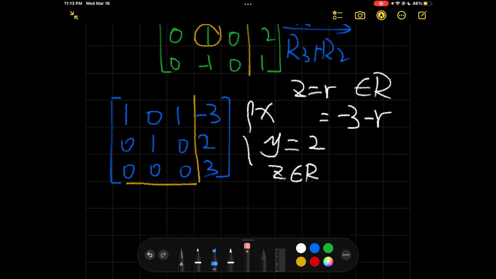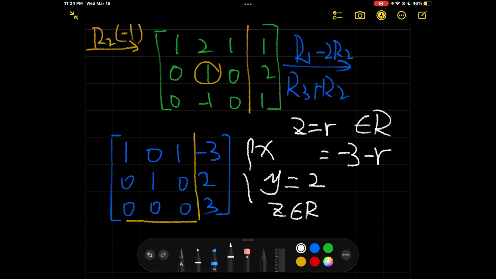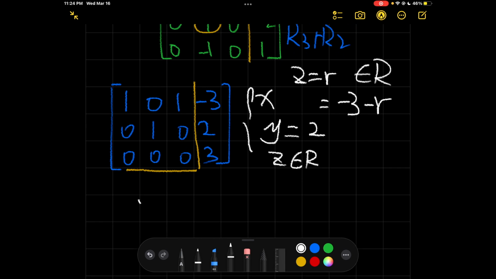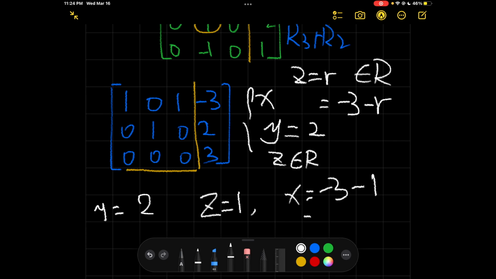Okay. So this depends on z, we can find x. Let's make a try. So we get y equals 2, right? Always equals 2. And z, let's say we get equals 1, and x equals -3 minus 1, which is -4. Let's see if we can get the correct answer.